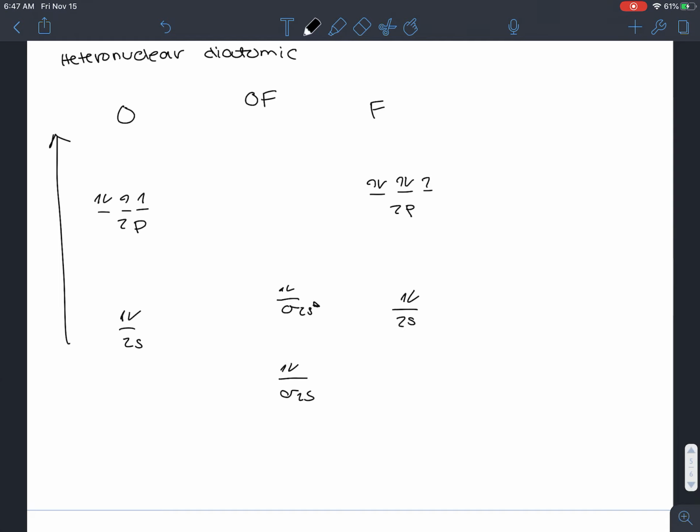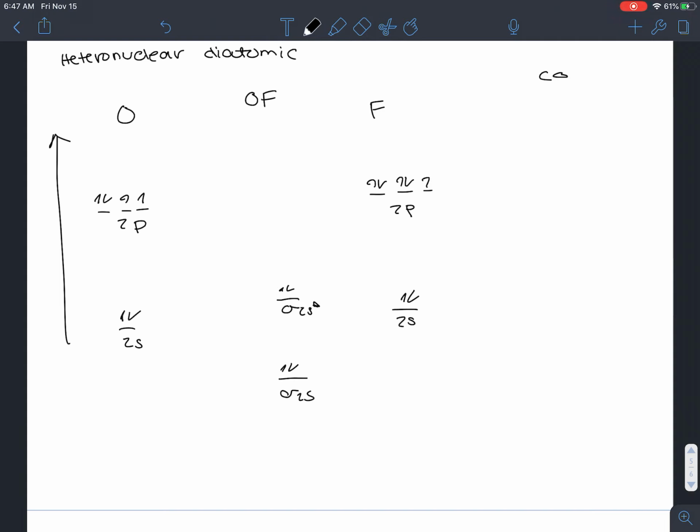So they will combine to form your sigma 2s and sigma 2s star. And then now, because they both have the orientation of sigma first, sigma 2p will come first.